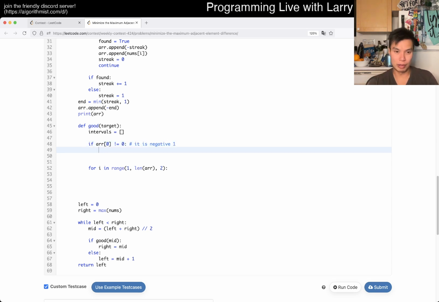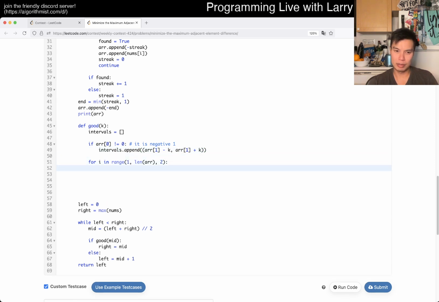Then now we want to dot append array of 1 minus k or minus target. Let's just call it k. And then array of 1 plus k, right? And then now, yeah, okay.